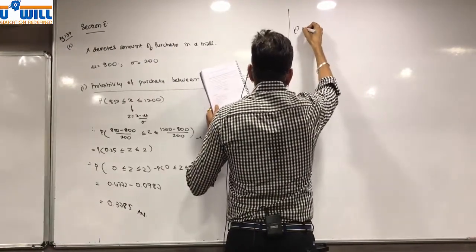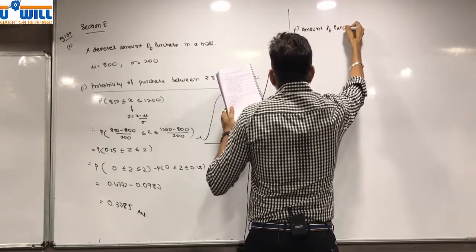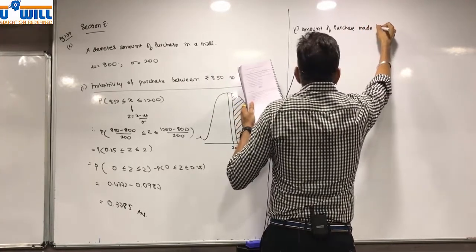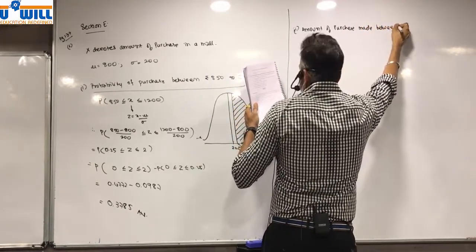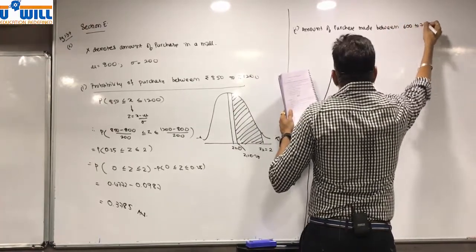Second, amount of purchase made between 600 to 750.